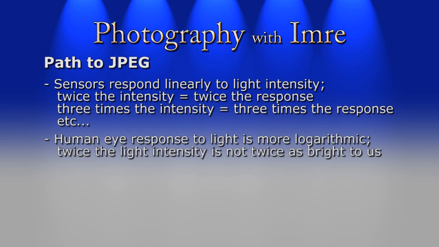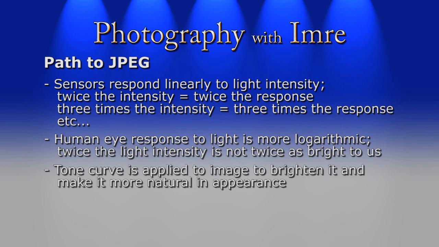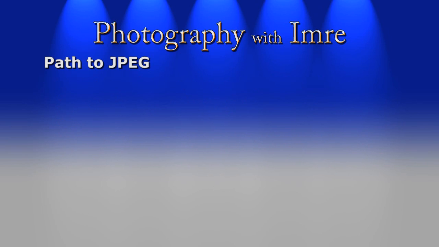But our eyes respond logarithmically to light, so twice the amount of light to our eyes is not twice as bright, roughly closer to half that. Human eyes are also much more adaptive to scenes with strong contrast. For example, we can see good detail in shadows even on a bright sunny day. So in order to make the photo brighter and more aesthetically pleasing to us, a tone curve is applied to the image. But wait, there's more.